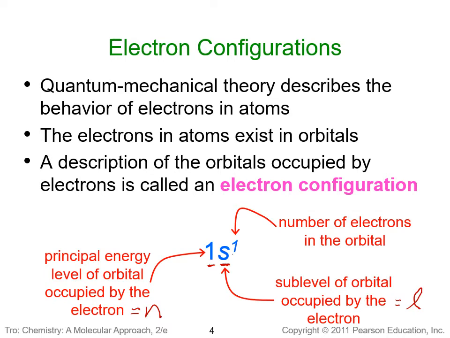Then we tell the number of electrons in that orbital by putting a superscript. This particular example says 1s1. Which element would this be? It tells us we have one electron in the first row in the s orbital, so this would be hydrogen.